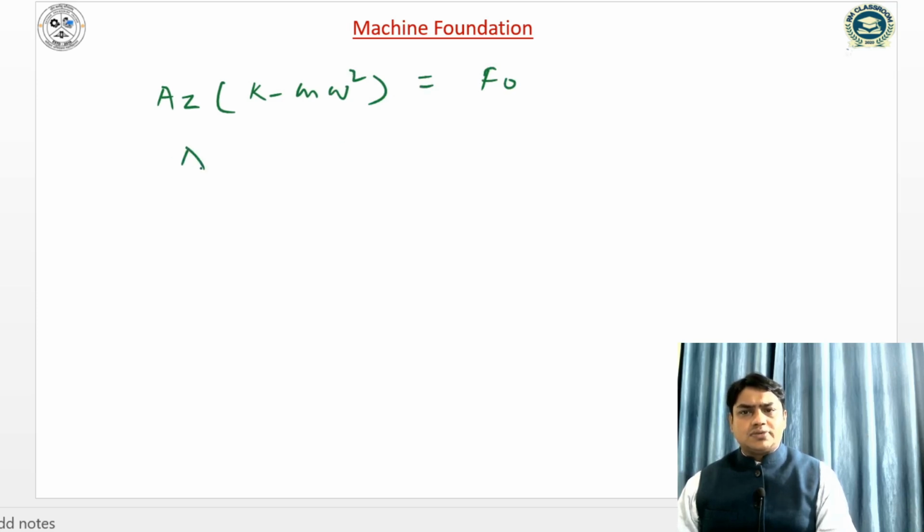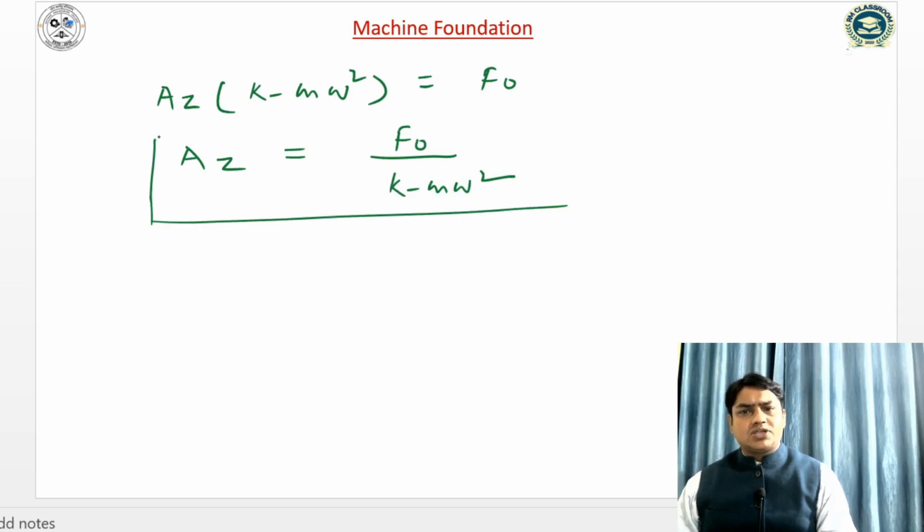So we can write Az is equal to F naught by k minus m omega square, where Az is the amplitude, F naught is the external force, k is the spring constant, omega is the frequency, and m is the mass of the rigid body.